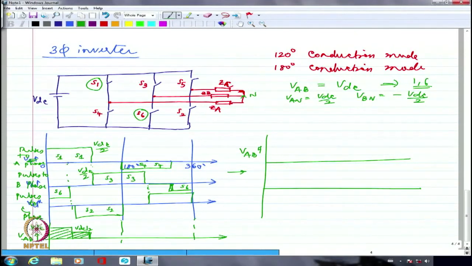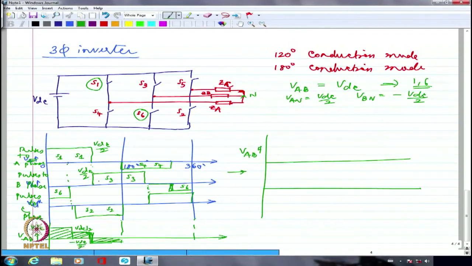Right? After that, I am going to have S3, which is actually VDC by 2, so I am going to have minus VDC by 2 here for another 60-degree duration. So this is going to be minus VDC by 2.